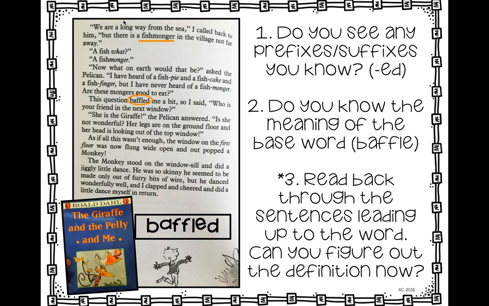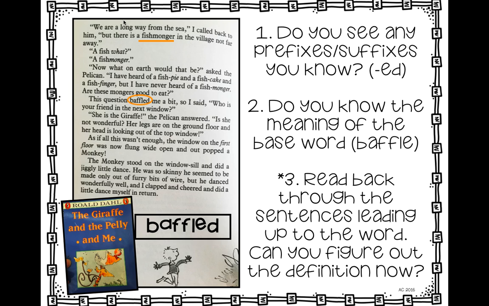They'll probably tell you that they see the ed ending, but that's not going to help them unless they know the meaning of the word baffle, which is the base word. If they don't know either of those, then they're not going to be able to tell you the meaning of that word. So then the third option, where I'm saying, okay, let's go back, read through the sentences leading up to that word, and can you figure out the definition now? They're going to go all the way back up to the top.